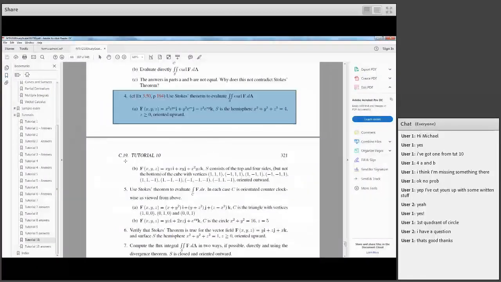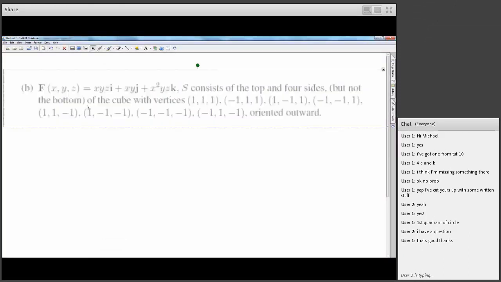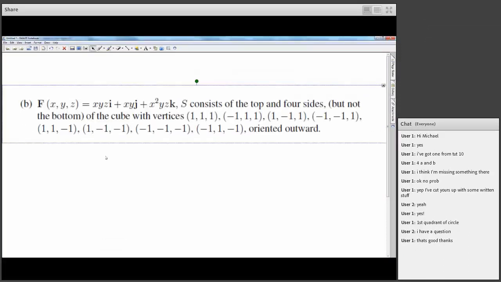Yep, so I'll just do the other B and come back to the same thing. So the same sort of question, you've still got the same idea. You've got a box consisting of the top and 4 sides, not the bottom, of a certain cube.